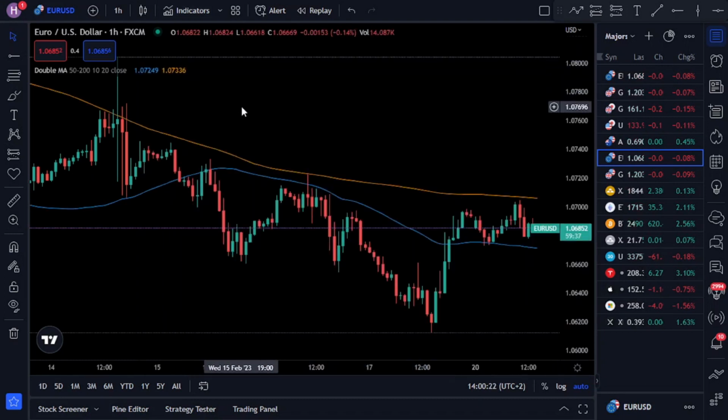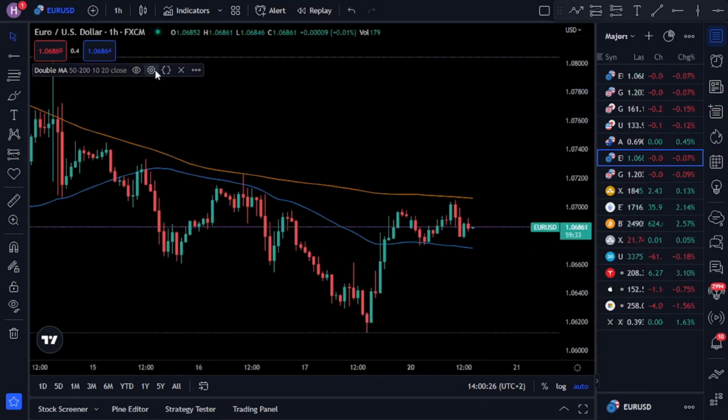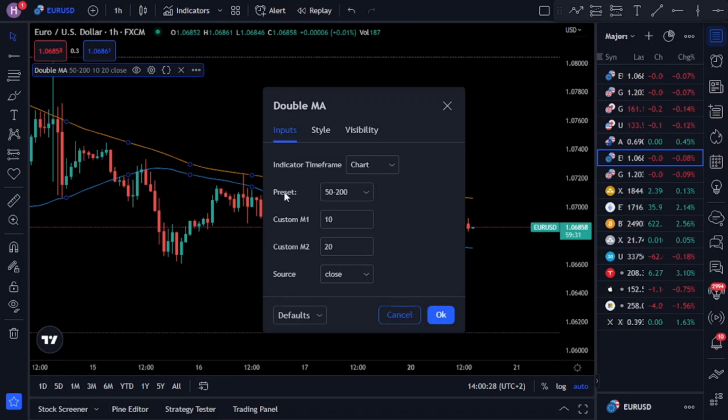For our double moving average, we are going to make the following changes. Under the settings, we are going to select the preset of 50 and 200 period. The reason for doing this is we are interested in long-term trends of the underlying instrument.